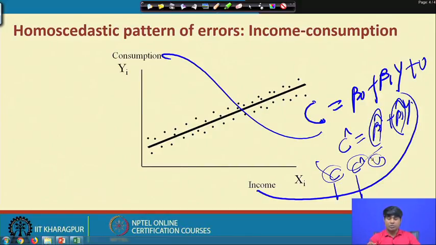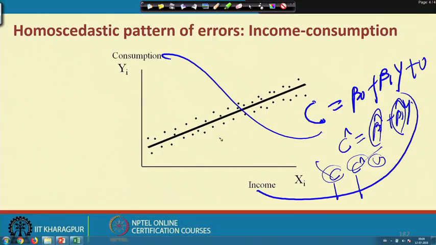Corresponding to income and consumption, we will derive the error terms, plot them, and check whether they follow a homoskedasticity pattern or a heteroskedasticity pattern. Now if we check this graph, for a particular data set and a particular estimated model, we find the error behaviors are a little bit close to each other.